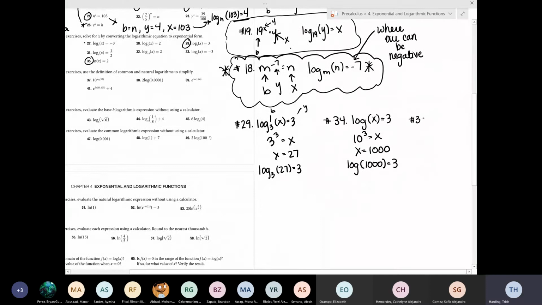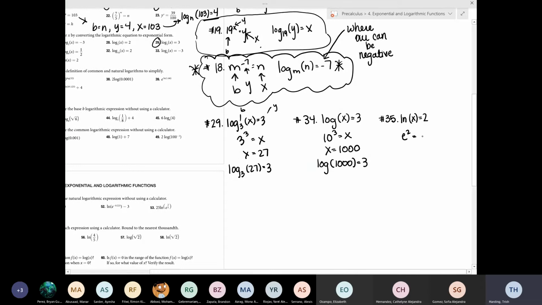For number 35, we will have ln x equals 2. So it's ln. Our base is e. Now e is a number. It's like 2.5, forever.